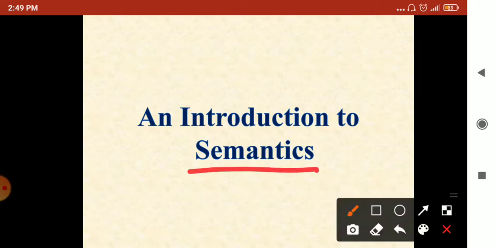People thought that semantics simply means to fool people, to bend language for their purposes, to bend the meaning of words to suit your purpose. That was the meaning of semantics earlier.